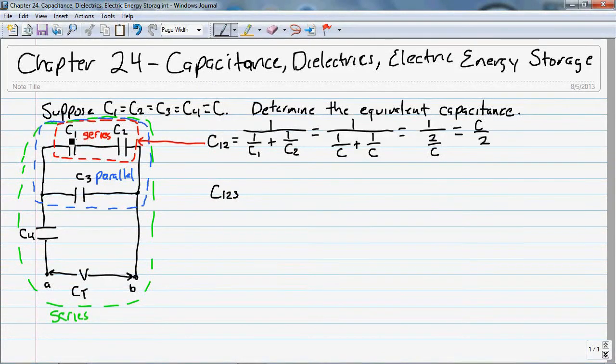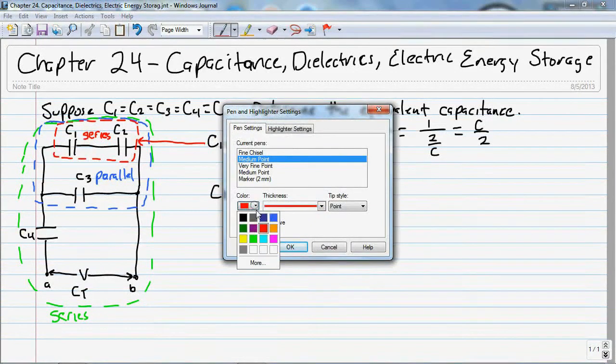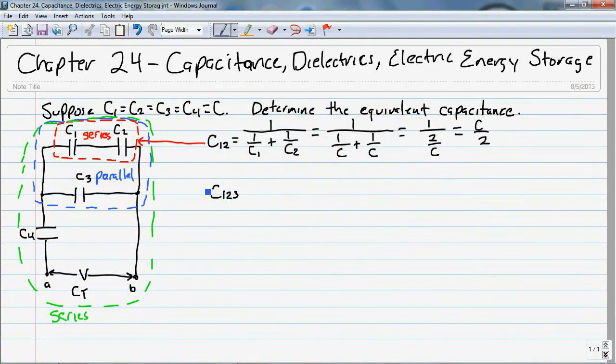That's going to be the parallel combination. And that's just going to be equal to C3 plus C12. And that's just C plus C over 2, and that's equal to 3 halves C.